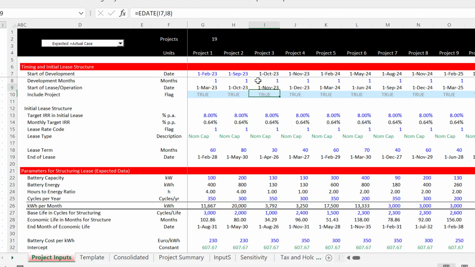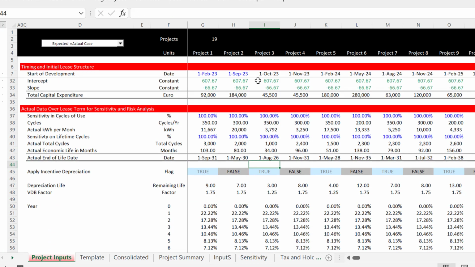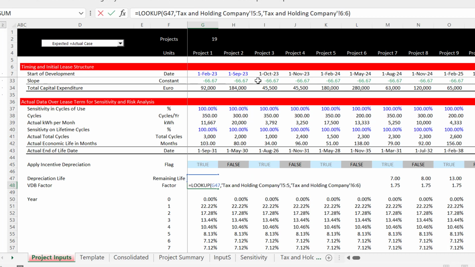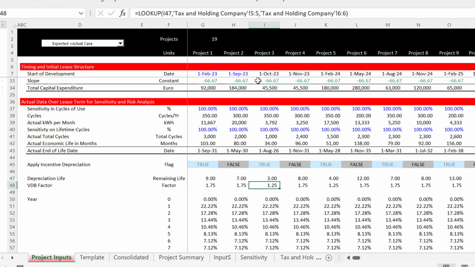And our lease term up here, where did I put our lease term? Well, that's kind of short anyway, so let's just make it 20 months. So now we have a 3-year life.